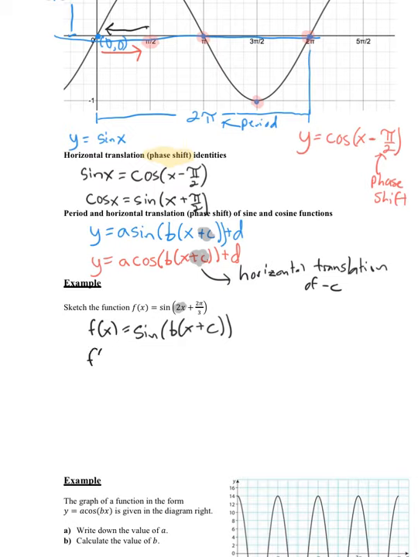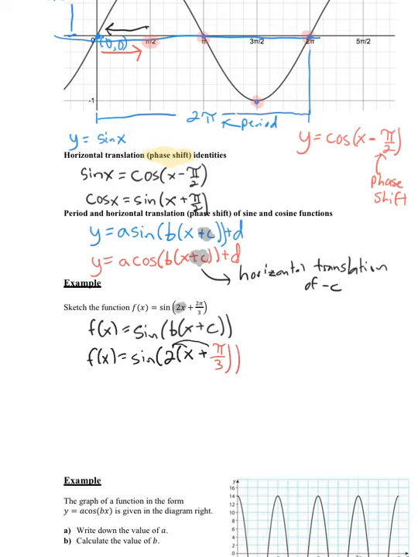So I can rewrite this equation as sine of 2x, and then I have to think about this was a 2 pi over 3. So I need to do something times 2 to get to 2 pi over 3. Technically, it's just going to be a pi over 3. And we can see if I use the distributive property, I'd get 2x and then times pi over 3.